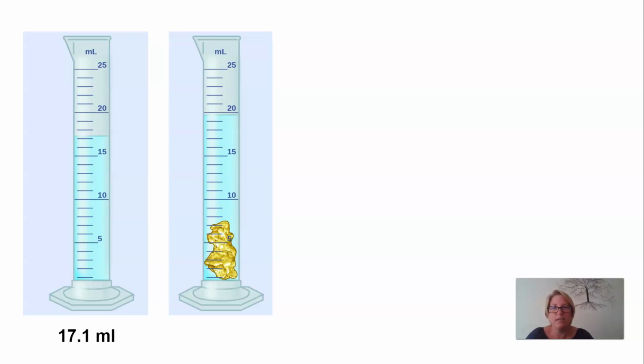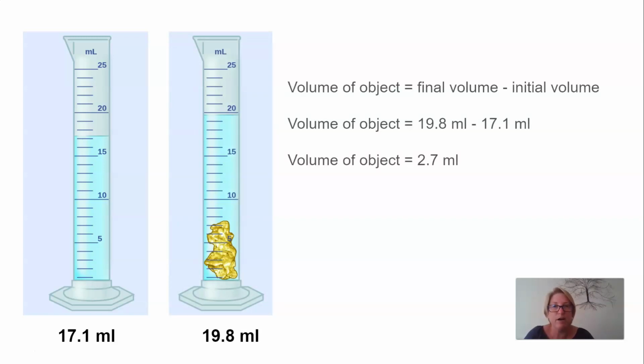So we started with 17.1 mils. That's our initial reading. And then our final reading is 19.8 mils. So if we want to find the volume, we need to take our final reading minus our initial, so that's going to be 19.8 minus 17.1.